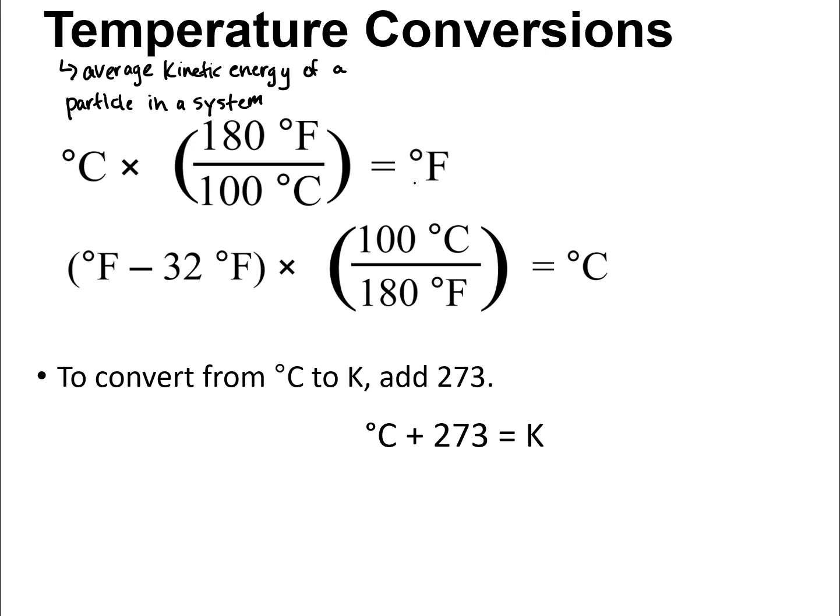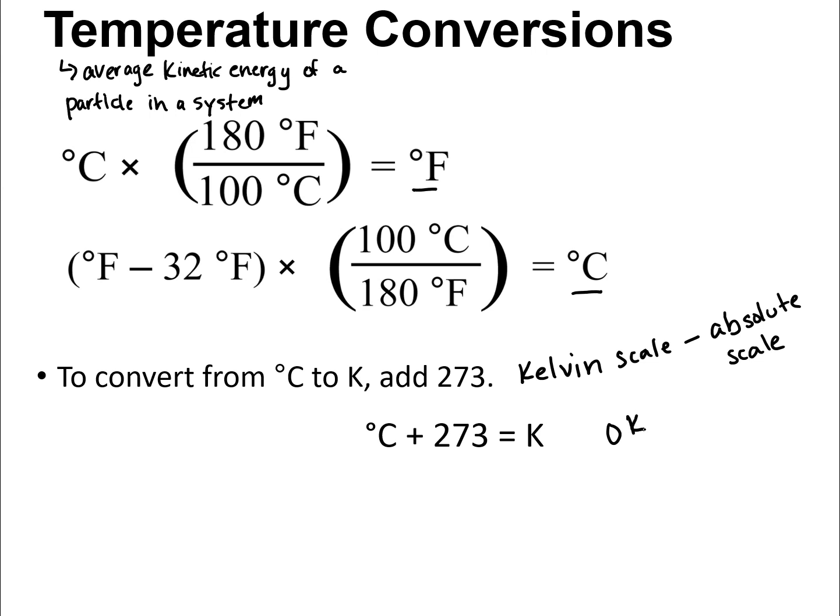Just because you're in college, I am sure that you've heard of degrees Fahrenheit and degrees Celsius. That's just two different temperature scales. However, you may not remember Kelvin from chemistry, or if you didn't take chemistry, you may never have heard of it. So the Kelvin scale is what's called an absolute scale. What that means is you'll notice there's no degree sign.